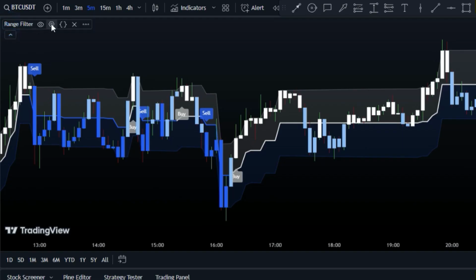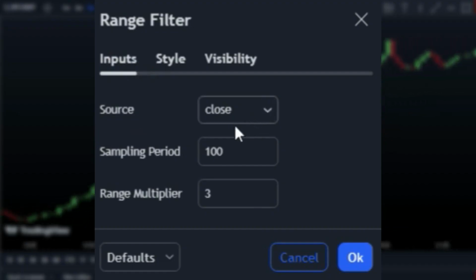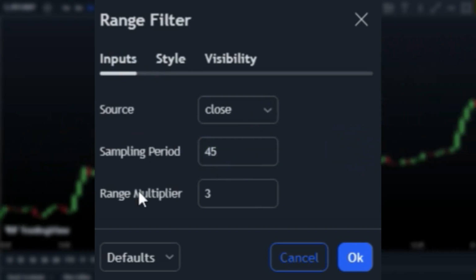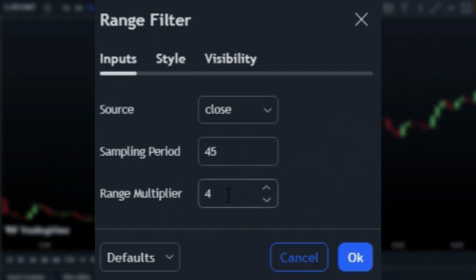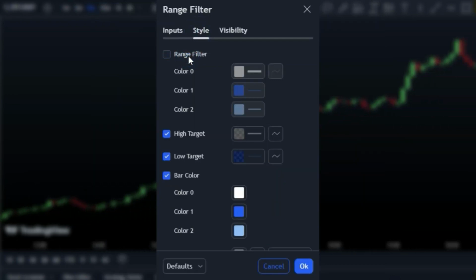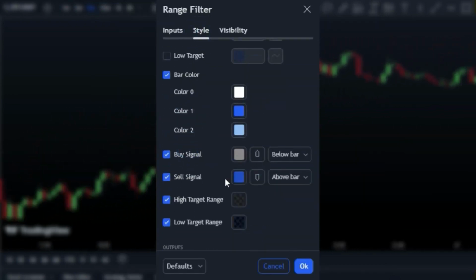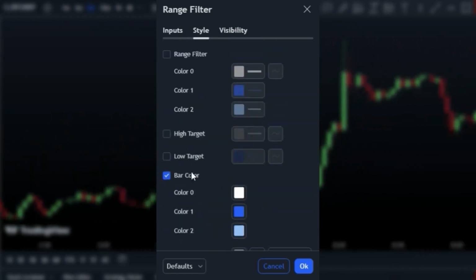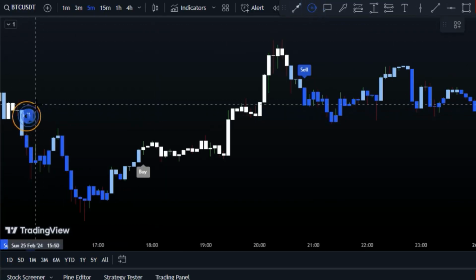And once you do, we'll need to tweak its settings a bit. This handy indicator gives us buy and sell signals based on a range filter.